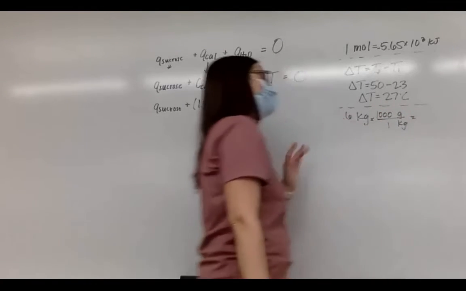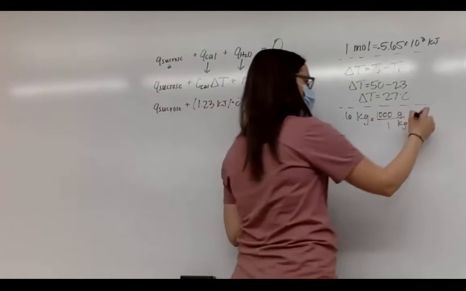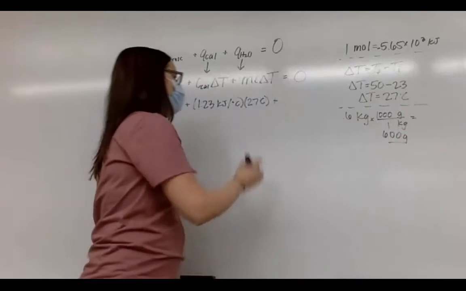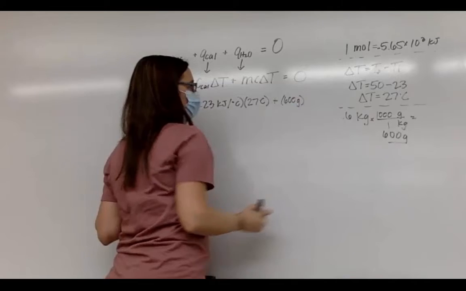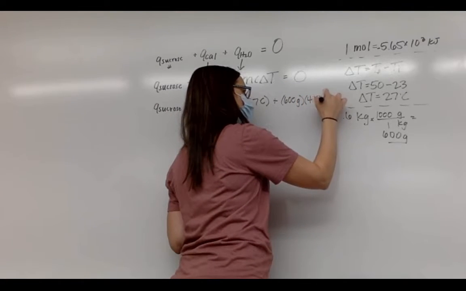So remember, there are 1,000 grams in a kilogram. You don't have to necessarily show this work, but you do need to make sure you have 600 grams. Specific heat of water is the one specific heat that you need to know.